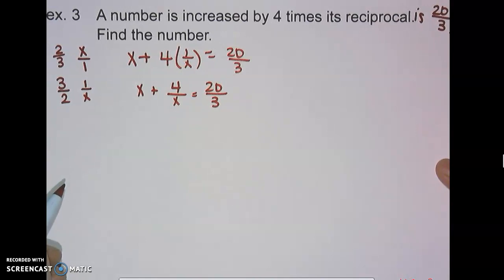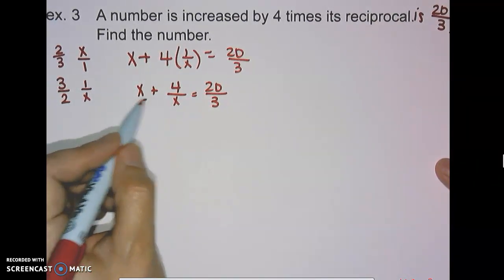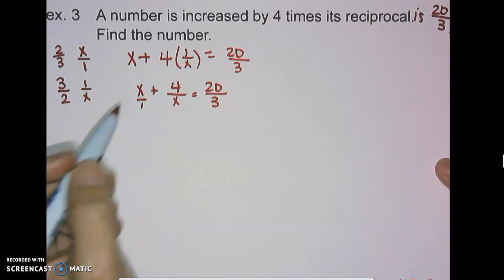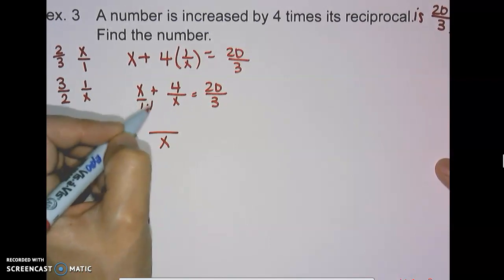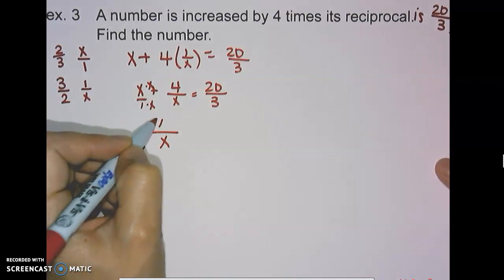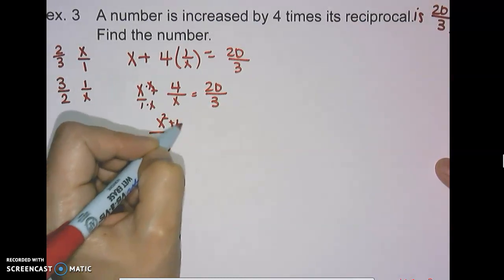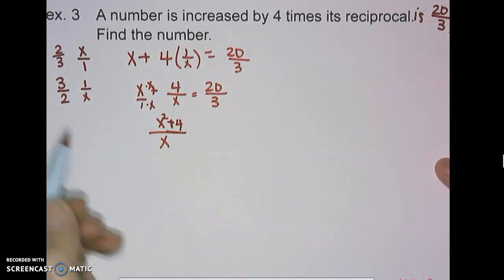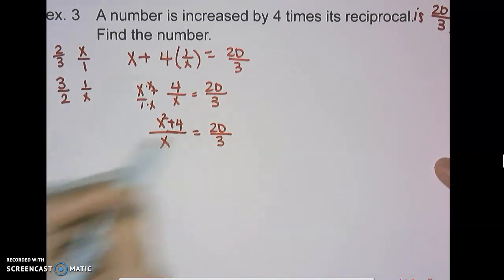Now there's a number of different ways that you can go about solving this question, but I'm going to work on getting a common denominator between these two pieces. So if I get a common denominator, that would be over x. So we would have to multiply both the numerator and denominator here by x. So that would give us x squared. This already has the common denominator of x, so x squared plus 4 over x equals 20/3.